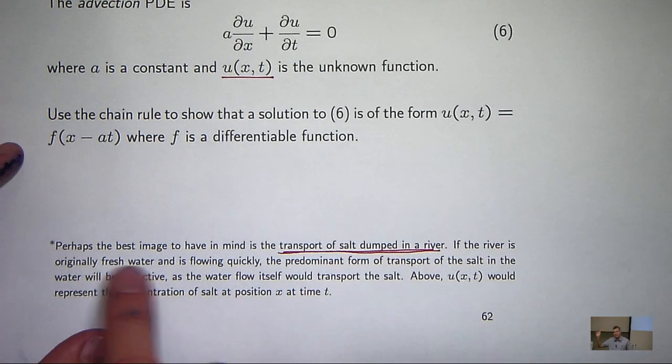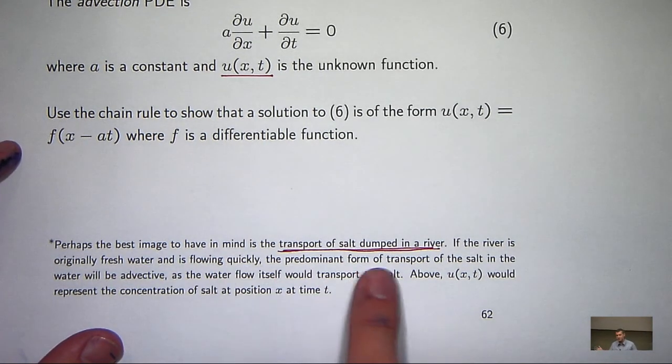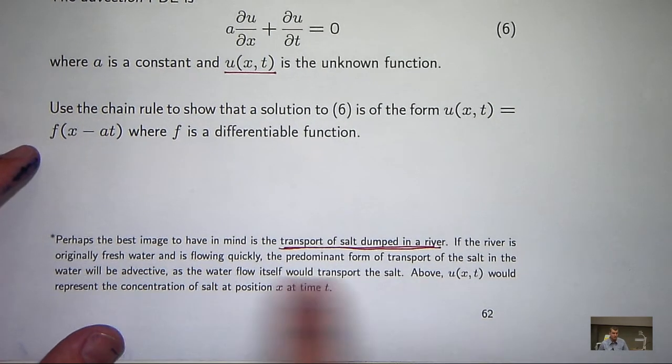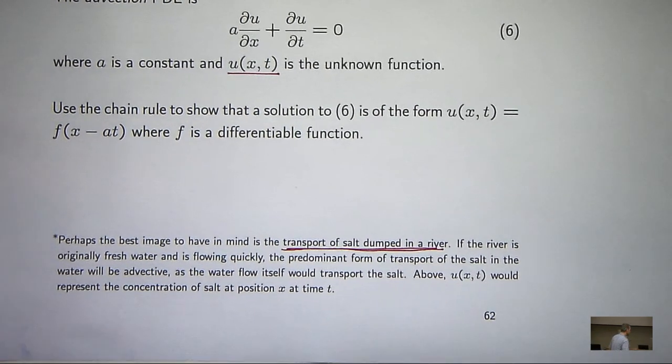If the river is originally fresh water and is flowing quickly, the predominant form of transport of the salt in the water will be advective. So you can think of u as representing the concentration of salt in a river at time t at position x. So x would represent position, or how far you go down the river.